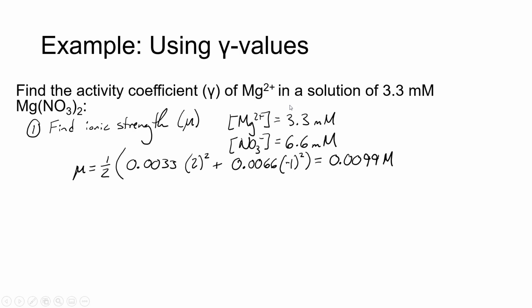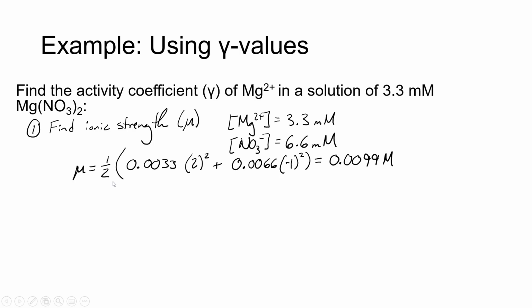this is a water-soluble salt, so when it dissolves in water, we have 1 mole of Mg2+ and 2 moles of NO3-. The concentration of magnesium 2+ is therefore 3.3 millimolar, and for nitrate, it's 6.6 millimolar. If we calculate then the ionic strength, taking the charges on the ions into account, we have 0.0033 molar times 4 plus 0.0066 molar times -1 squared.